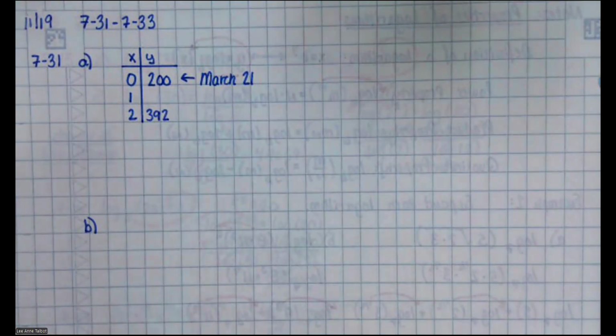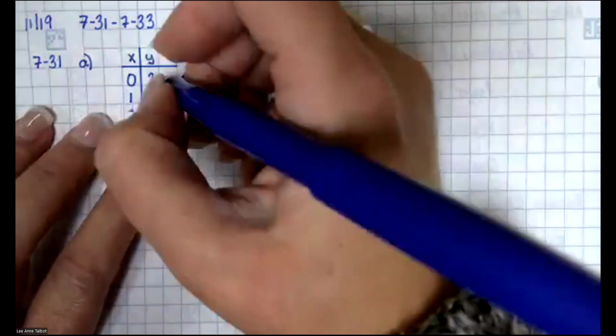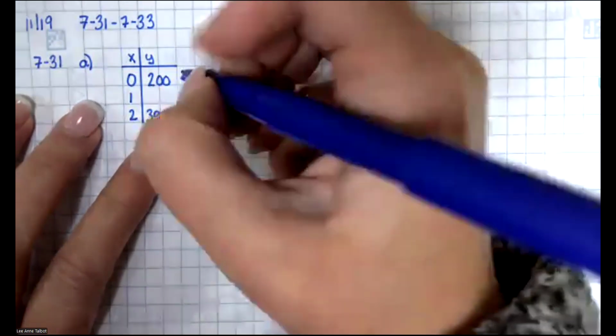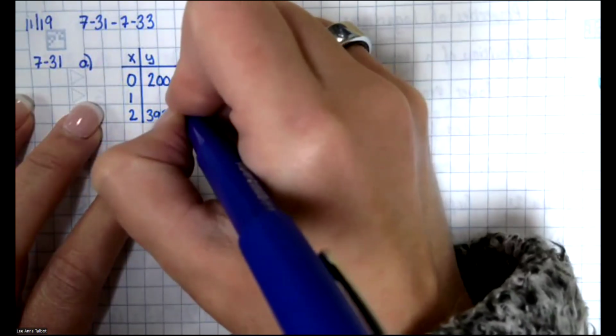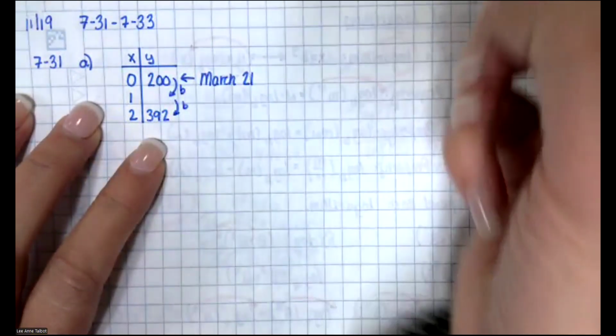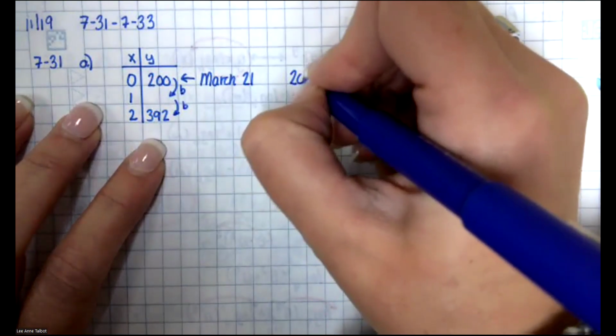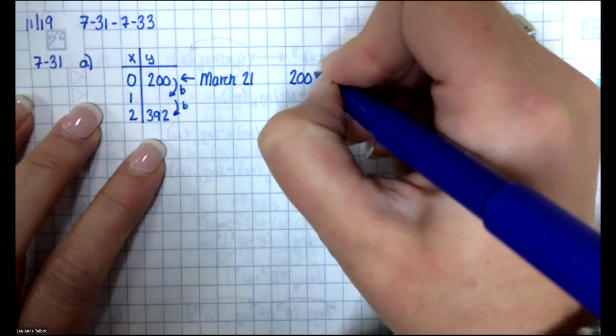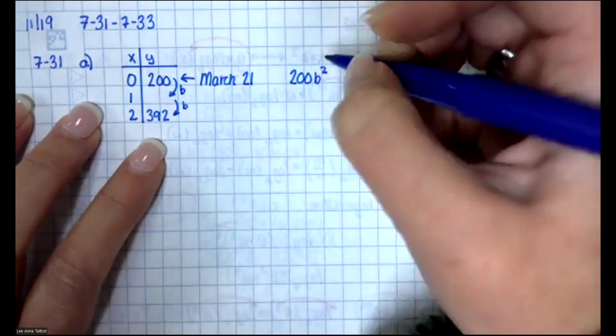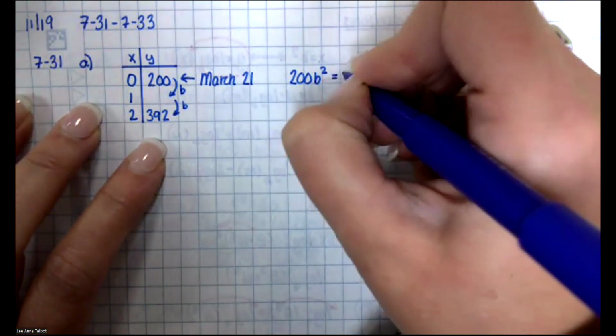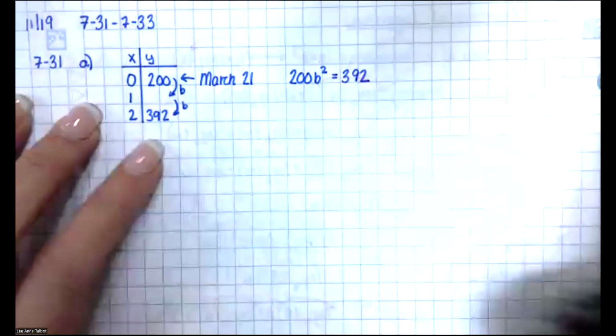Okay, now we're going to set up our equation. So now we need to count the b's. So 1, 2: b, 200. No, 200b^2 = 392. But let's pause.